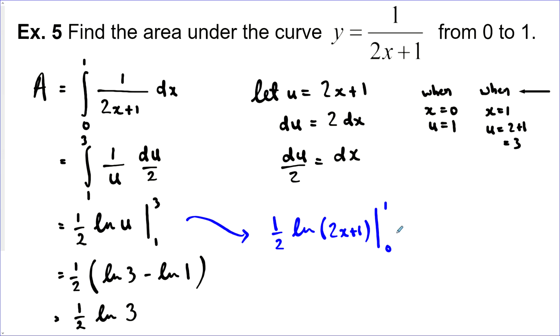Now the problem with this is that in this step and this step, if you wrote 1 and 0, you'd be mathematically wrong because this is in terms of u. So unless you're going to do some sort of side work here and show an indefinite integral separately, you need to change the limits of integration.